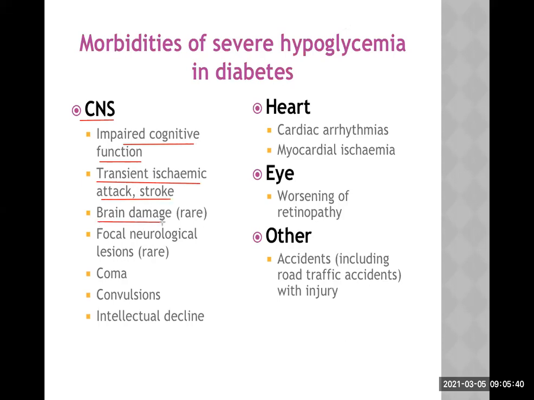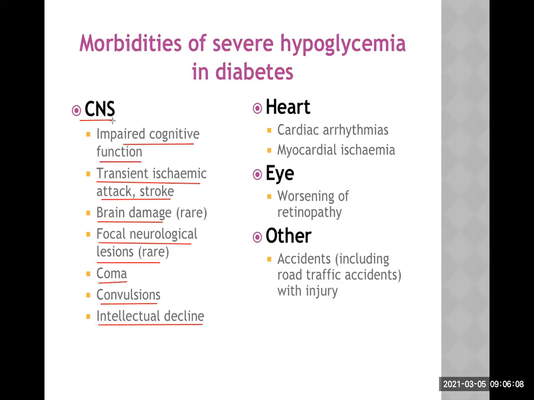Permanent brain damage can occur only if there is severe hypoglycemia for a long time; otherwise, it can be managed somehow. Focal neurological lesions occur again in severe hypoglycemia, which is why they are rare. The patient can suffer from coma, convulsion or seizure, and over a period of time, if the brain is already damaged, there is intellectual decline as well.